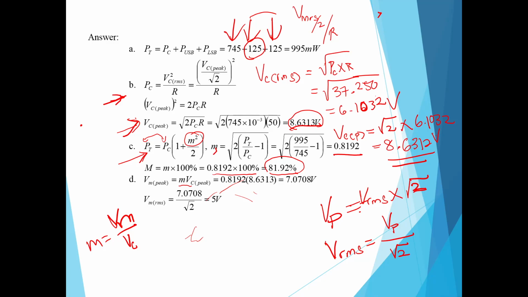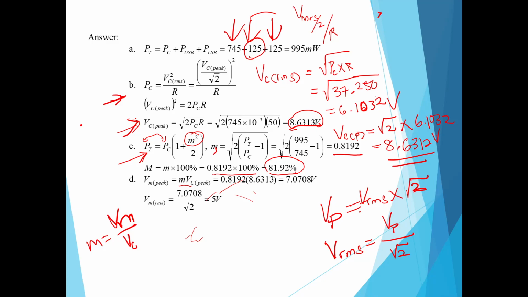So this answer provides you with two values. First, the peak amplitude of the VLSB and also VUSB, and also it gives you the value of the RMS. Okay, so if you want to find the RMS, that means you must multiply MVC RMS divided with 2.